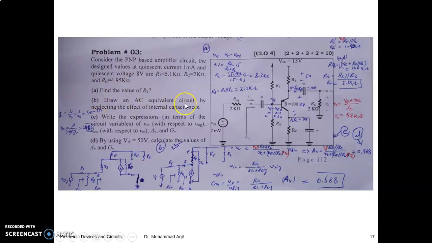So draw an AC equivalent circuit, right? For an AC equivalent circuit, you make your DC voltage supplies grounded and capacitors short circuited, right? Your load is at the emitter, so it is recommended to use the T model.